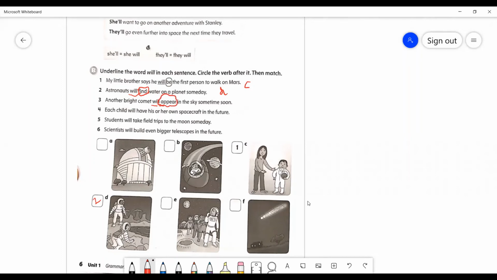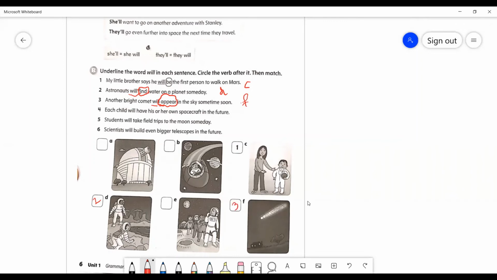And the picture which is matching to this sentence is F. We can write here number 3.